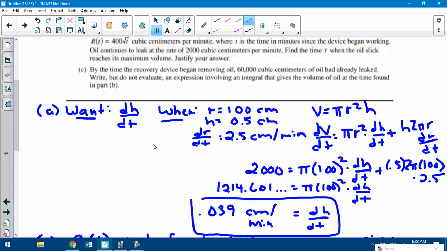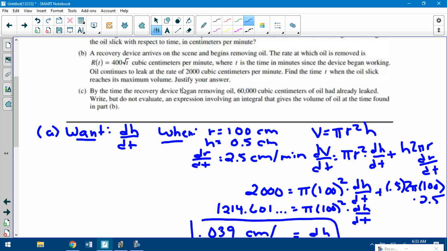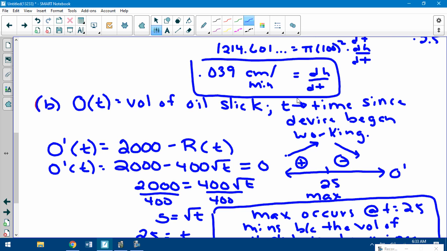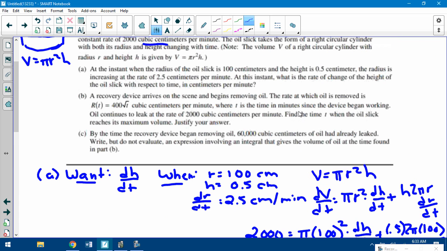Okay, last part. By the time the recovery device began removing oil, 60,000 cubic centimeters of oil had already leaked. So essentially, if time is since the device began working, time 0 means that the volume was 60,000.